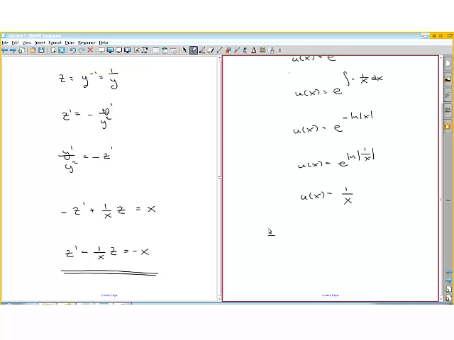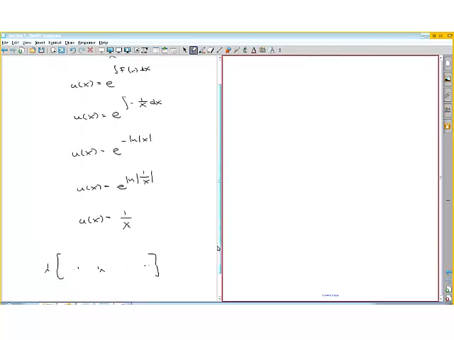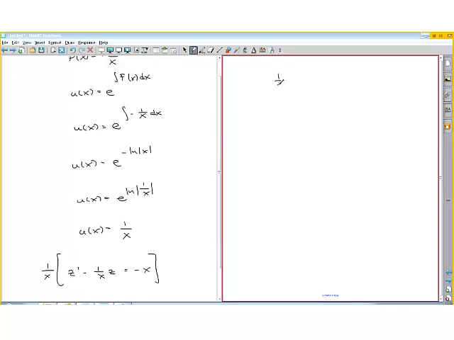So let me go ahead and multiply by it. What I get is the integrating factor times the differential equation in terms of this new variable z. So there's my integrating factor multiplied by my first order linear differential equation.